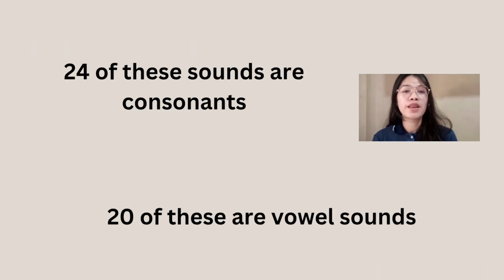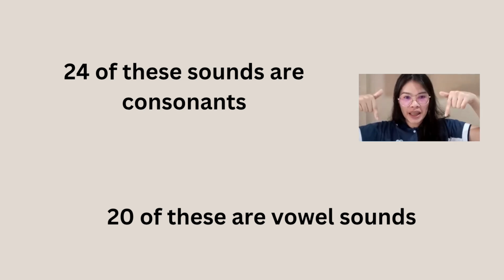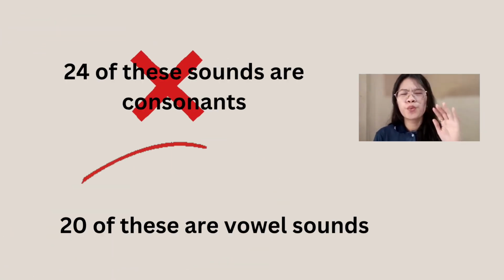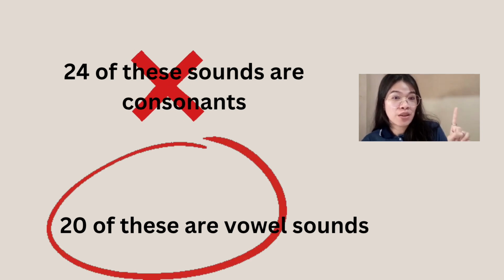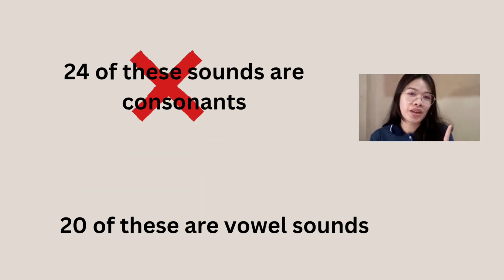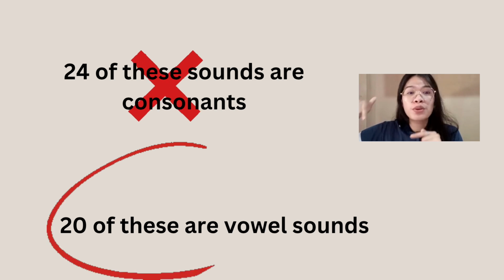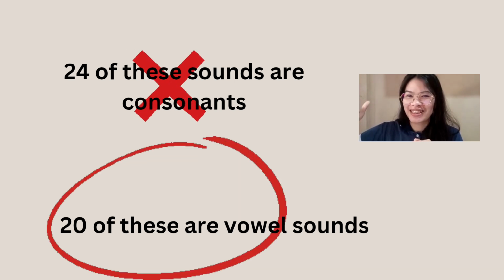So as we have said, we have 44 English sounds, and of those 44 English sounds, 24 are consonants and 20 are vowel sounds. In this video, we will disregard the 24 consonant sounds because we will focus on the 20 vowel sounds in the English language.